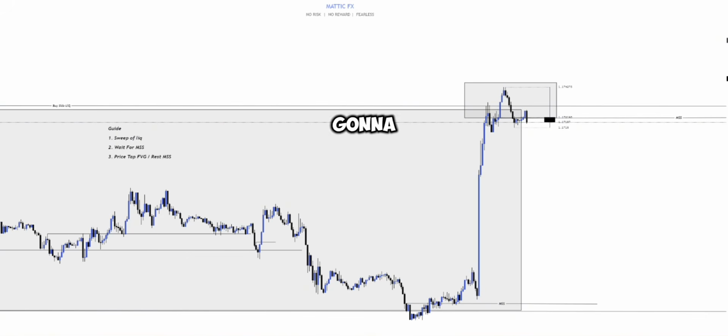So as long as it stays below this line and closes back down here, it's definitely a sell. Alright, let's see what it's gonna do. Okay. Personally, this is where I was second guessing, saying you can do either a buy or a sell.